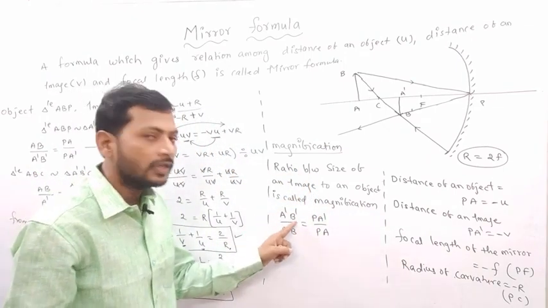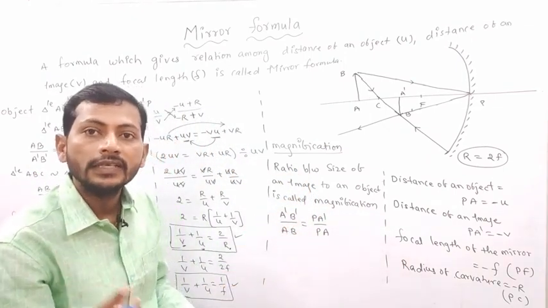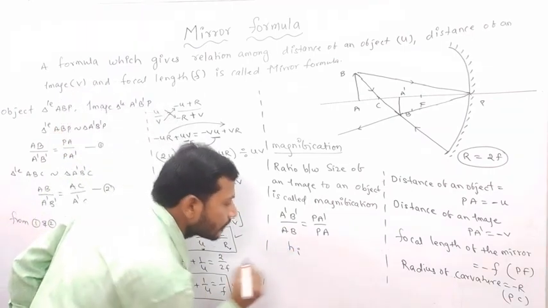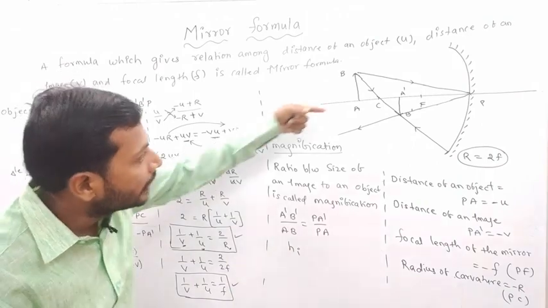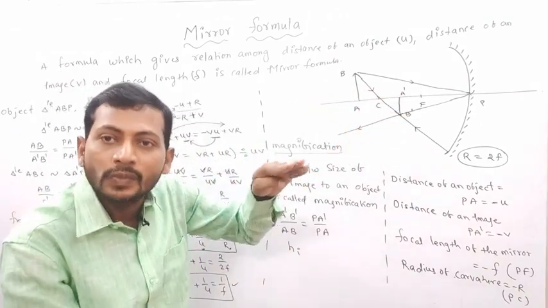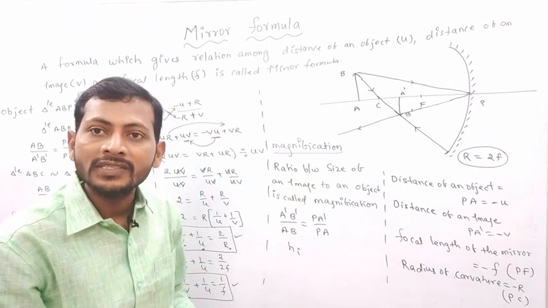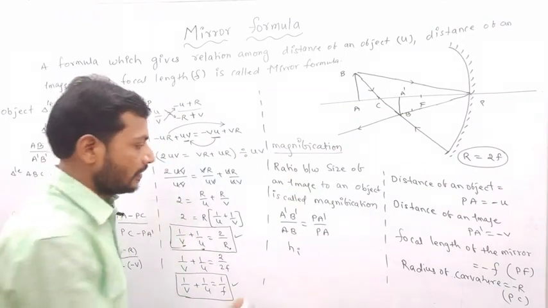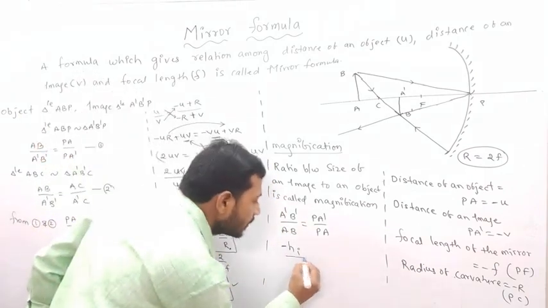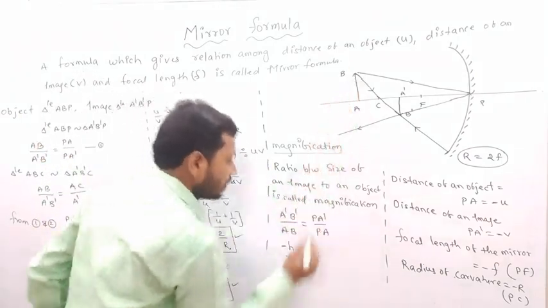A dash B dash means the height of the image, represented by HI. Up to here clear. But the height of the image is below the principal axis, so you have to give the sign, what is it? Minus. Very good, children. I am giving minus here. Then the next one, the height of the object is what?